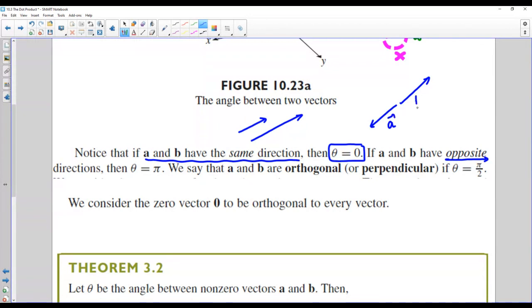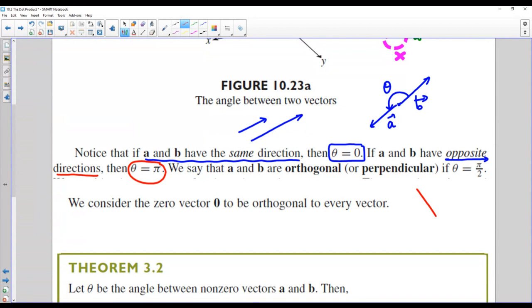So A is here, B is here. In this case, what is the value of the angle theta? 180 degrees. Yeah, thank you. So basically, if they are in the opposite direction, then the angle theta is pi. Okay, so it's important. Opposite directions, theta is pi. Same direction, theta is equal to 0.